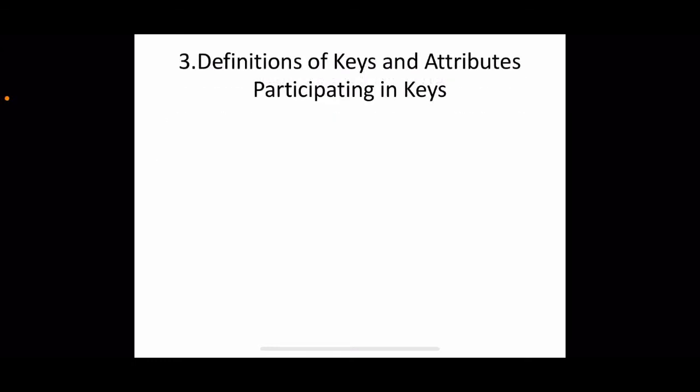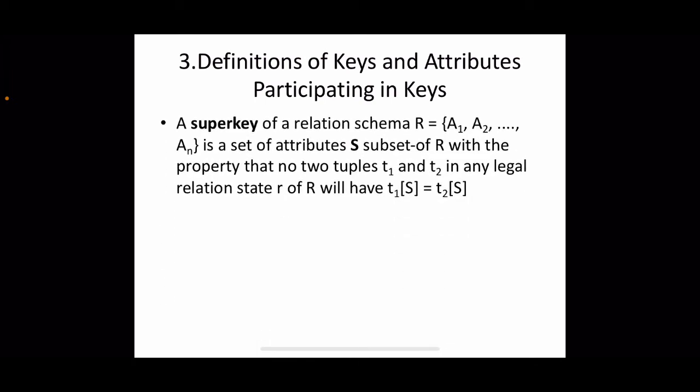Now, definitions of keys and attributes participating in keys. We have already seen what a key and a super key are. Before getting into the normal forms, let us take a deeper look into these definitions once more. Before the super key, the capital R denotes a relational schema with attributes A1, A2, up to An, and small r denotes the corresponding relation state.